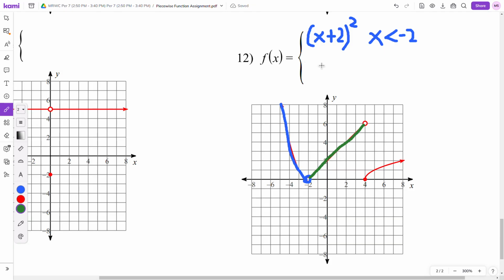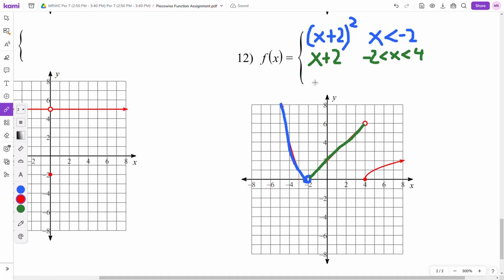This one's a line, so it's just x, but it has a y-intercept of 2. So this is x plus 2. Slope of 1, y-intercept of 2, so it's x plus 2. But only to the right of -2, but also to the left of 4. So it's between -2 and 4. And we have our x in between. None of the points are included, so we just leave it at that.